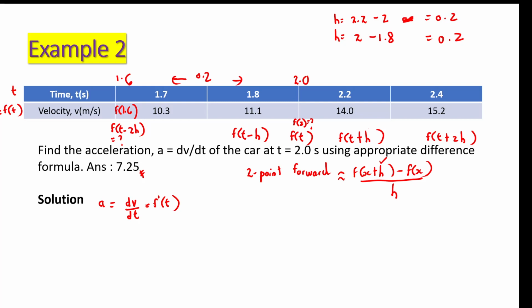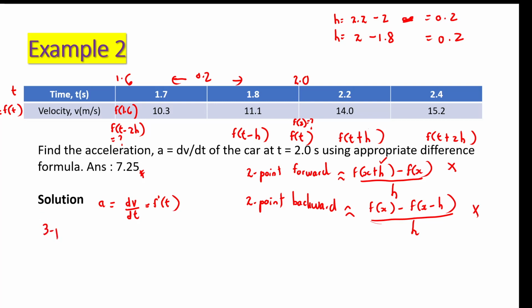No, that's why you cannot use 2-point forward. For 2-point backward, the formula is f(x) minus f(x-h), divided by h. Similarly, can you calculate using 2-point backward? Do you have f(t)? No. So also cannot.